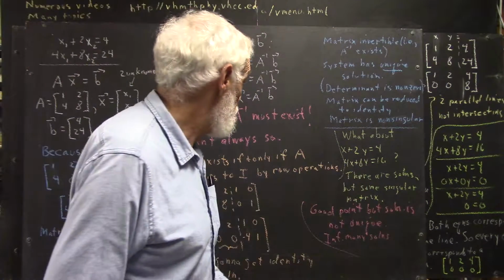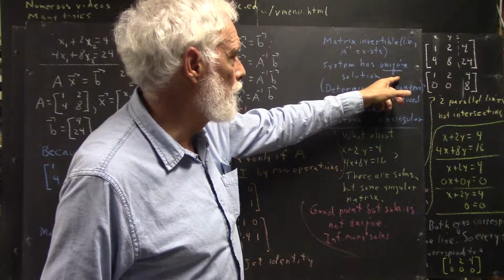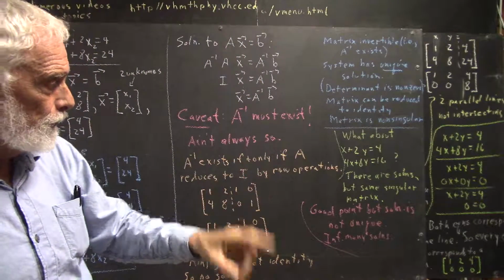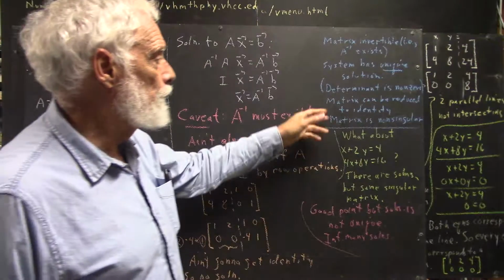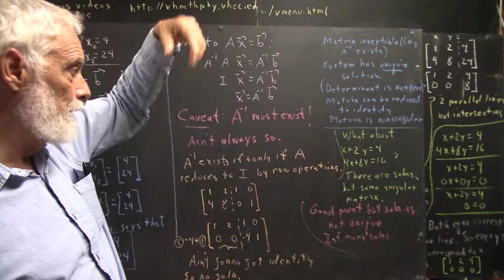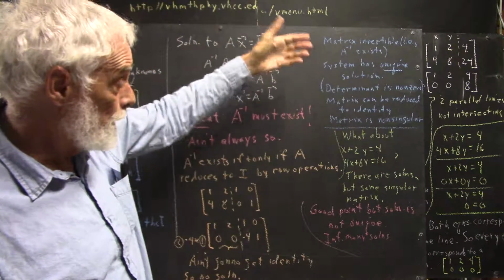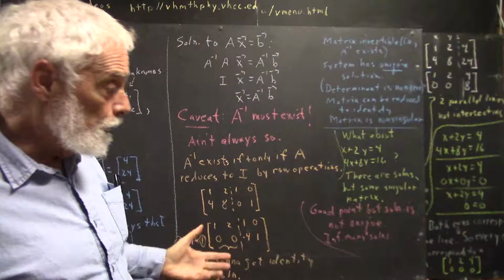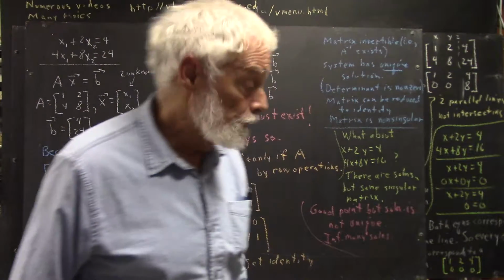What's this tell us? Well, the key word up here is unique. The system has a unique solution, just one solution. This system has infinitely many solutions. So if the matrix is singular, the determinant is zero, and the matrix can't be reduced to the identity. It's perfectly possible you end up with something like this, and the system is reducible.